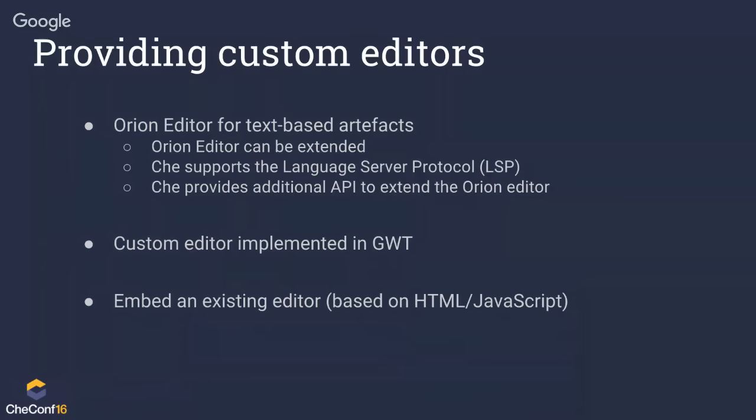I don't have the time to go into detail, but that's definitely the preferred way to provide support for new languages. And finally, Che provides an additional API on top of the Orion editor to adapt things like code completion, quick fixes, syntax highlighting, and all the features that you typically want in a powerful language editor.